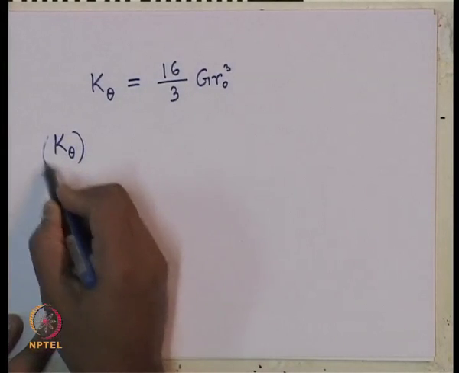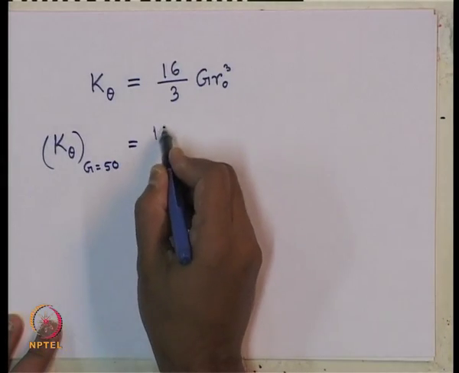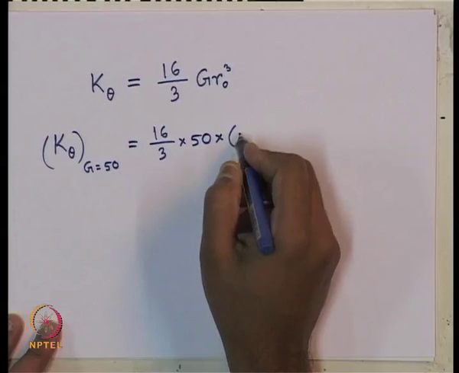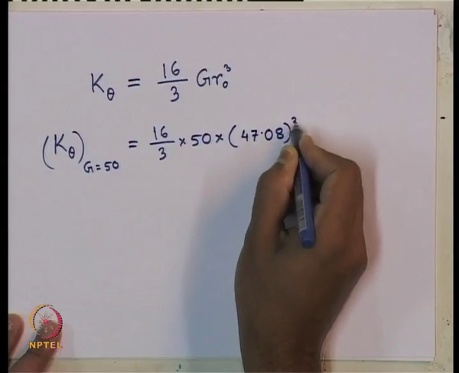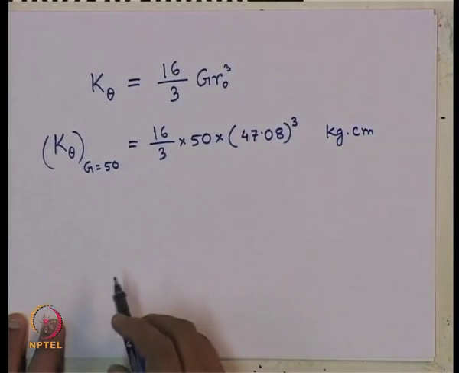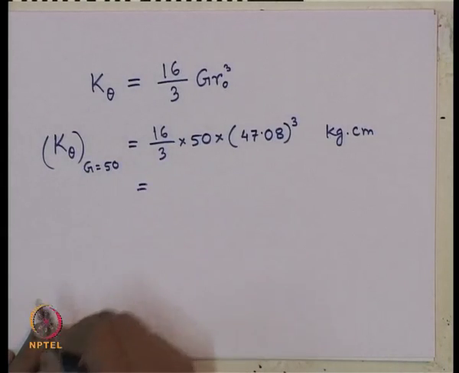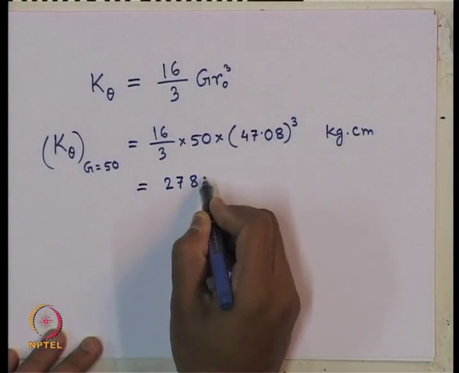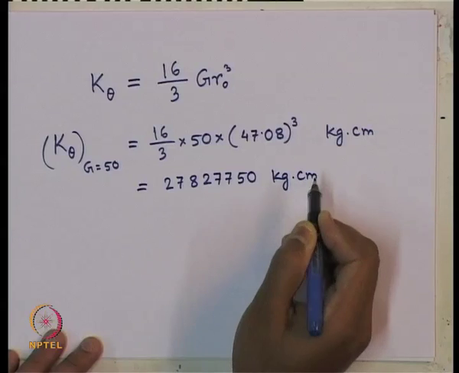So, for the 3 different types of soil given to us, let us compute the value of k theta. 16 by 3, G is 50 and R naught is 47.08 whole cube. What should be the unit? Kg centimeter, again because this is the torsional spring constant. It comes to about 2,782,750 kg centimeter.